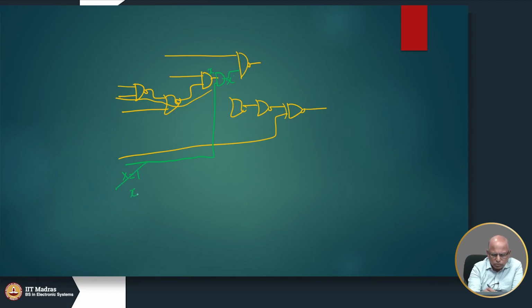I can make the control 0 and the algorithm will not realize. See, the test algorithm does not understand the functionality. The D algorithm or PODEM, they do not understand what the function of the circuit is. They do not care whether it is an error correction and detection circuit or some arithmetic circuit.